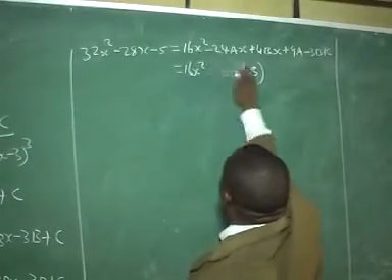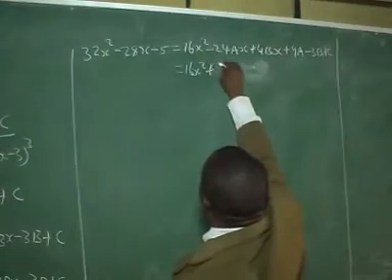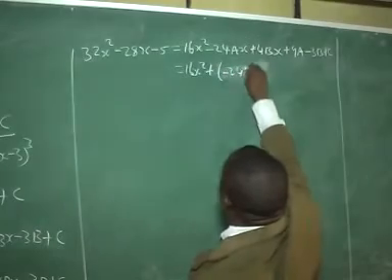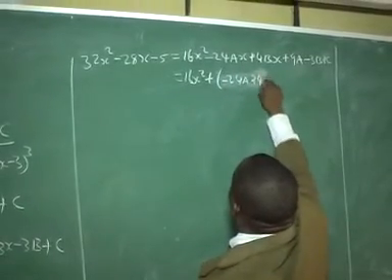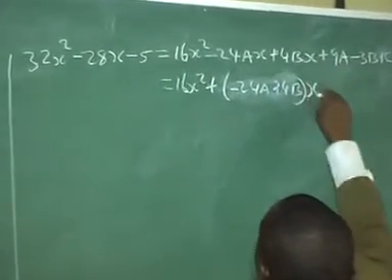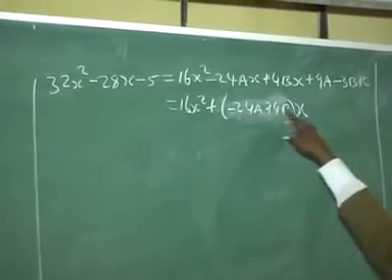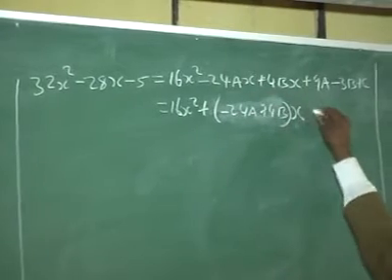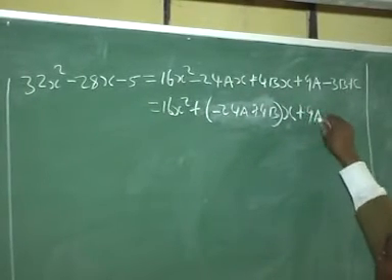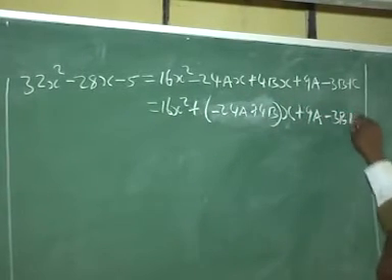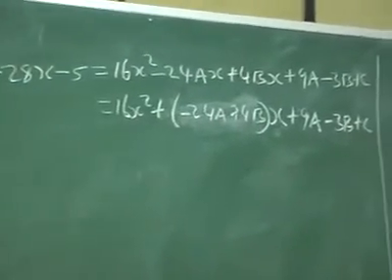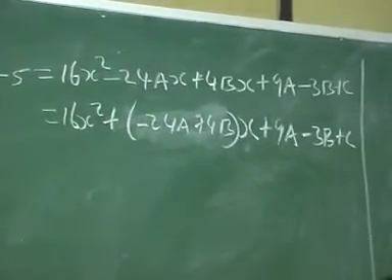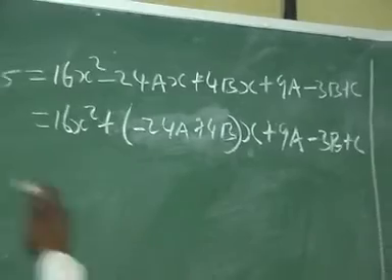So what happened here is that minus 24a plus 4b will be multiplied by x. I'm factoring out x because x is common, plus 9a minus 3b plus c. So here we can now compare coefficients.